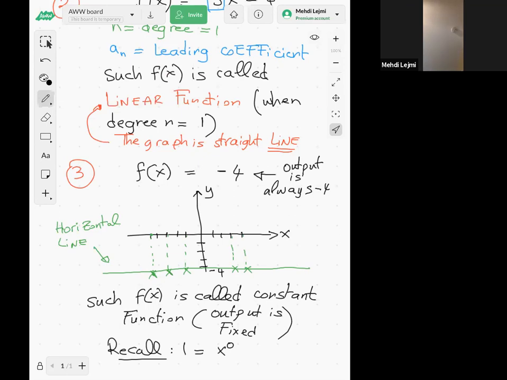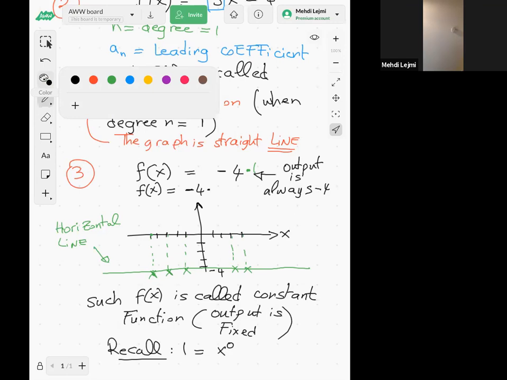So you can write this -4 as -4 times 1, so f of x is equal to -4 times x to the power 0.